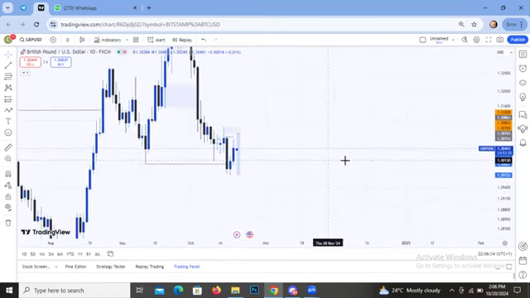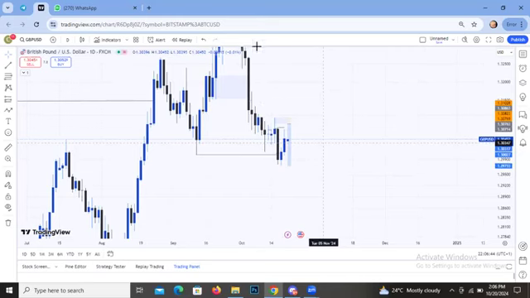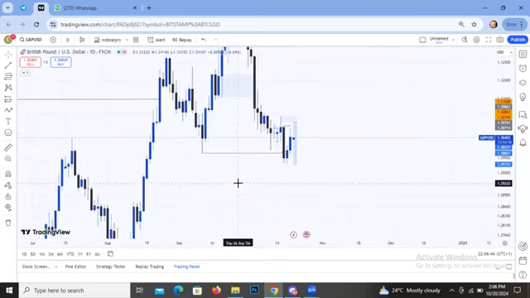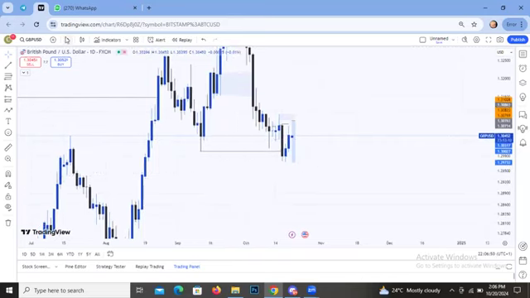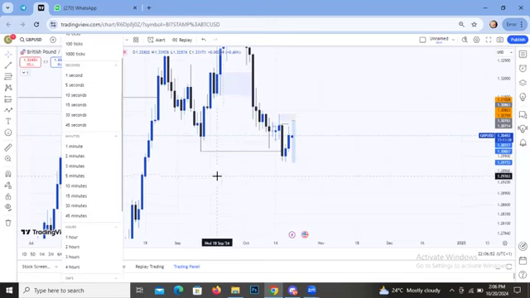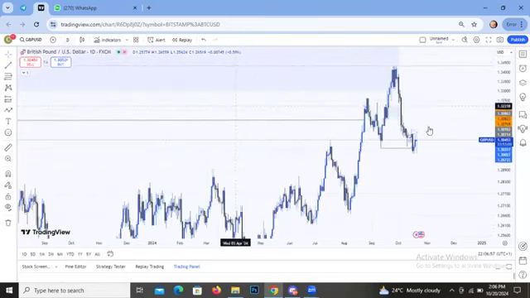Yes. So I'm trying to show you how I do my top down analysis. Top down analysis is just breaking down from a bigger time frame to a lower time frame. So this is the day time frame, and in the day time frame this is what we are seeing.